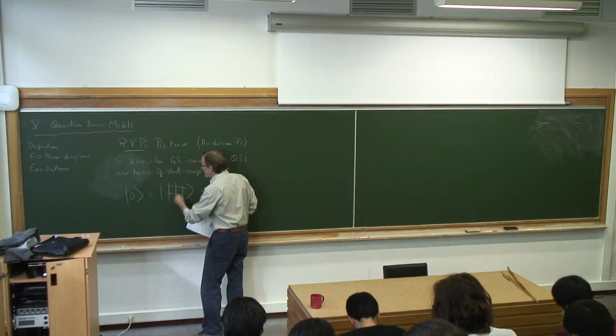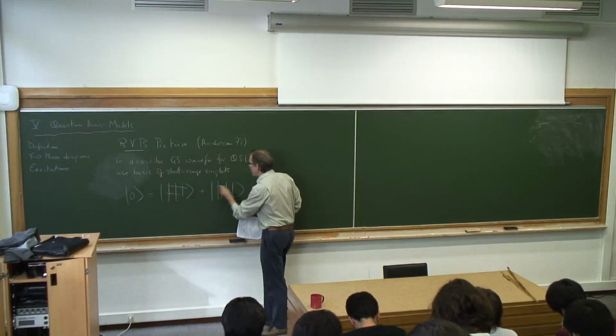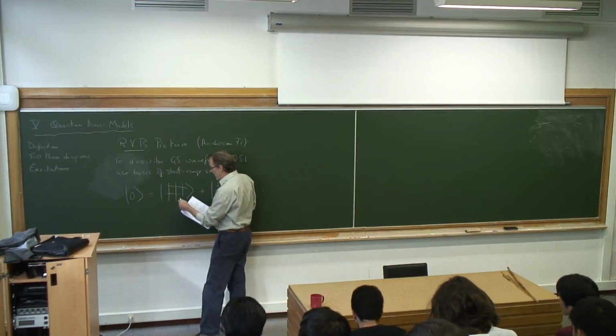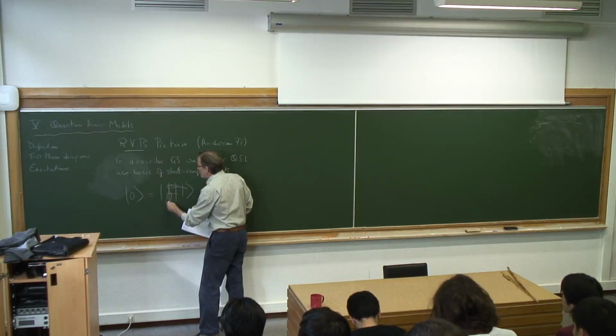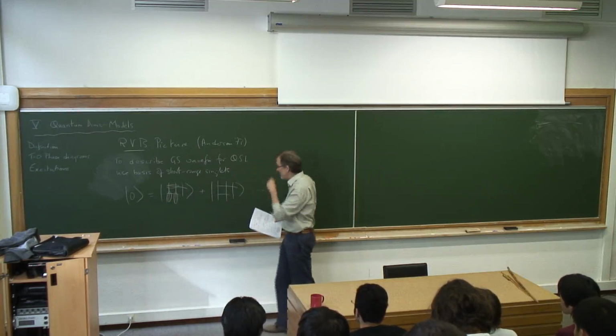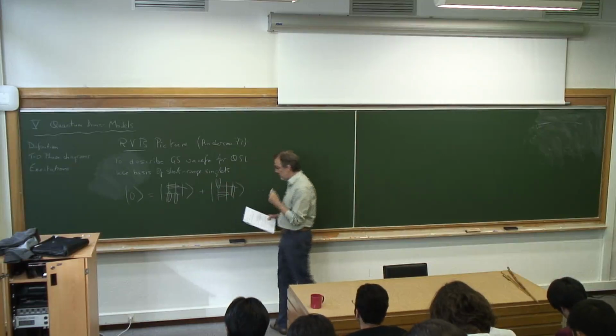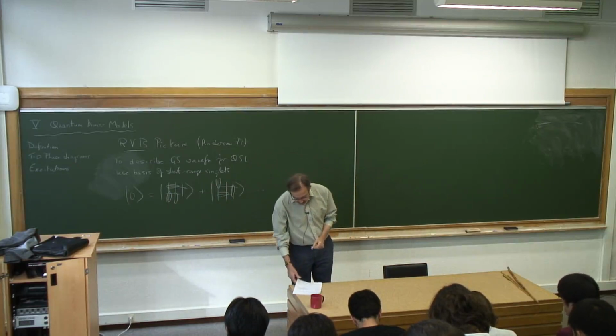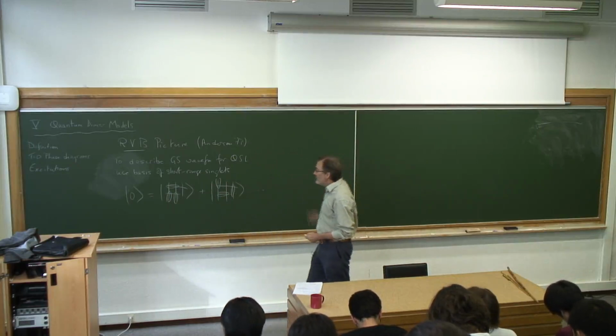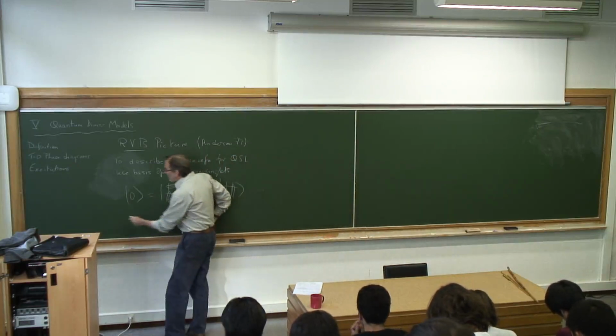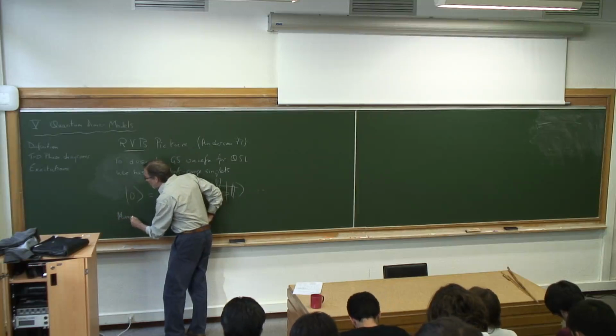So if I sketch in a bit of the lattice, one of the basis states would be some particular arrangement of singlets, and another basis state would be a different arrangement, and so on.